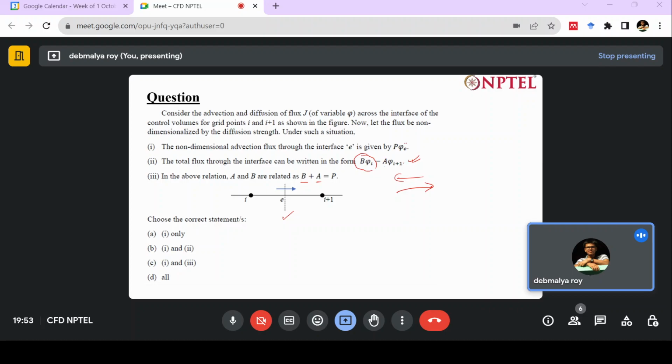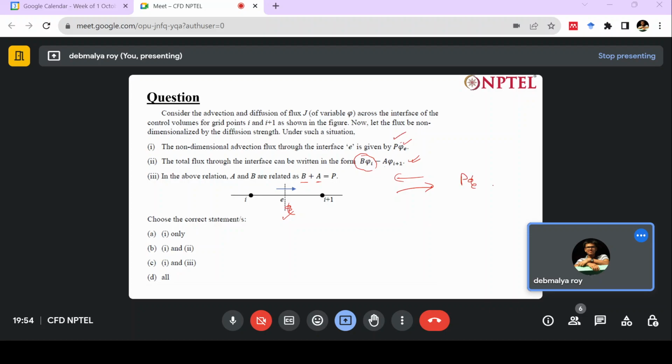Okay. So what about this phi E? Phi E is basically the interpolated phi value that we can find at the interface. So if you want to represent this particular flux in terms of this phi E, then we would use P as the coefficient.